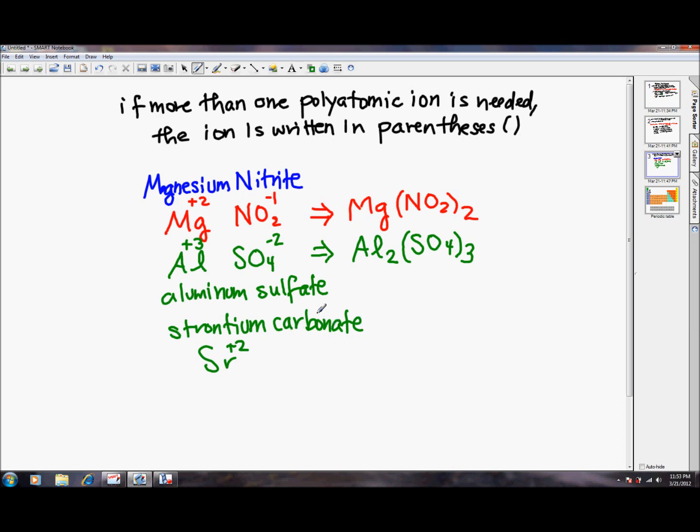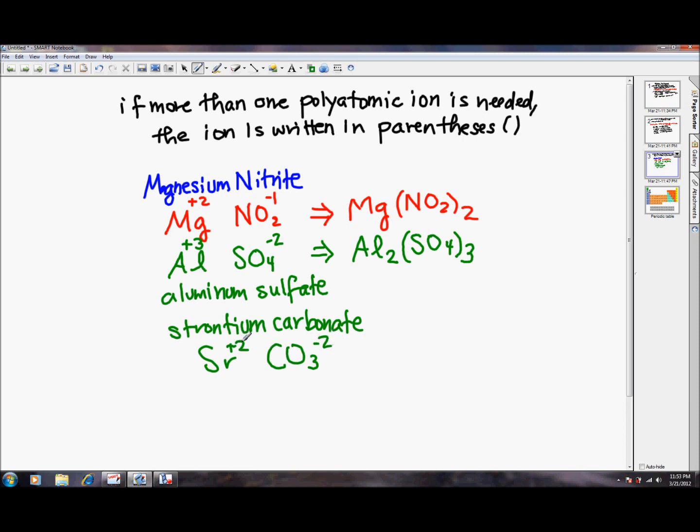Okay, carbonate. Remember, carbonate is not carbon. Okay, it has carbon in it, but it's not just carbon alone. Carbonate, ATE, that's a clue. Look on the back of your periodic table. Okay, when you look at the back of the periodic table, carbonate is called CO3, and it has a -2 charge.